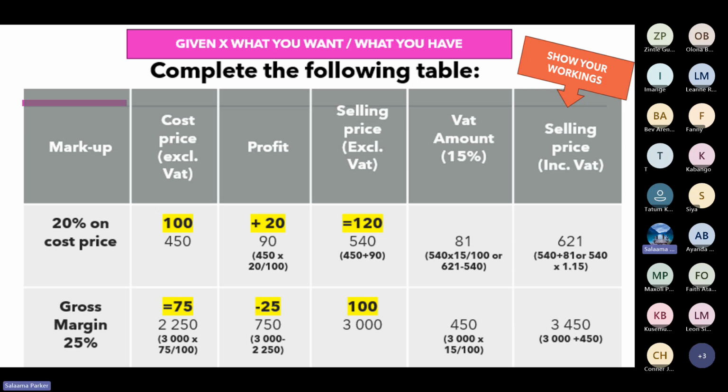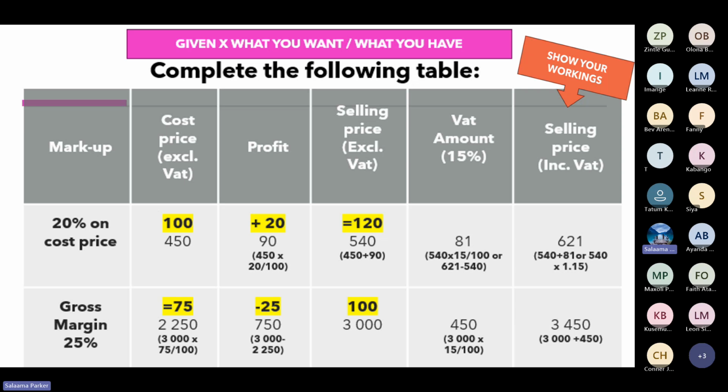Okay, all right. And so you'll see that, did you get 90 as your profit? Everybody happy with this answer that I have? And the formula, cost price plus profit equals selling price. Okay. And then now I've combined it. Now I want you to calculate the VAT amount and then the selling price inclusive of VAT.